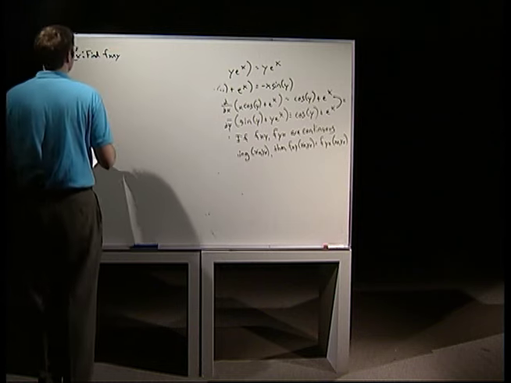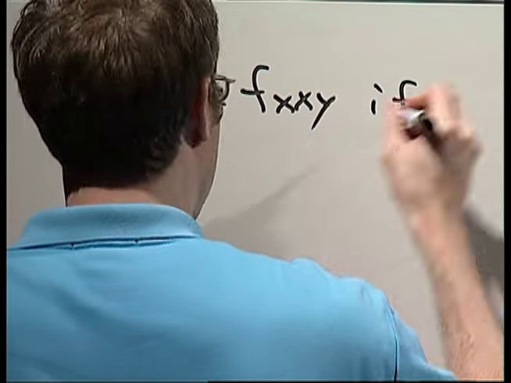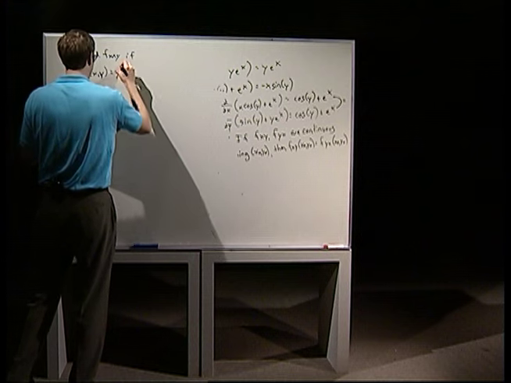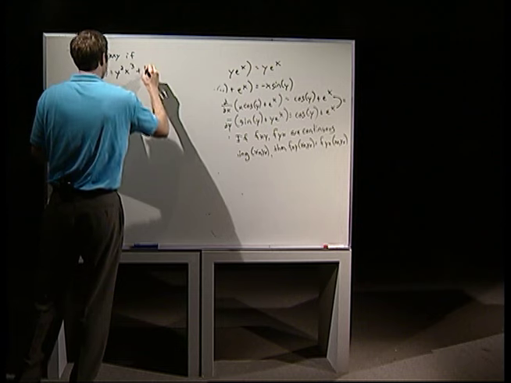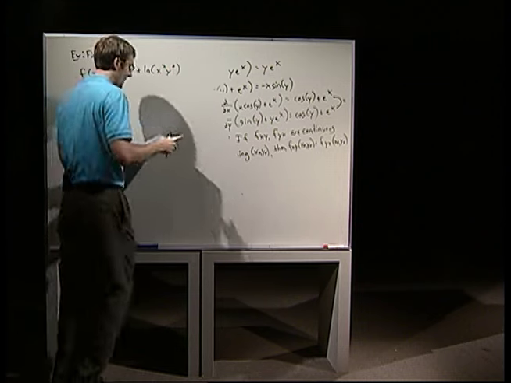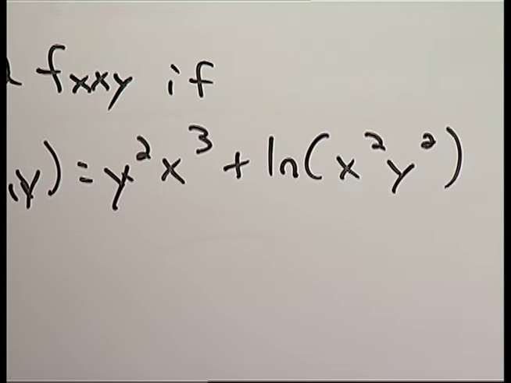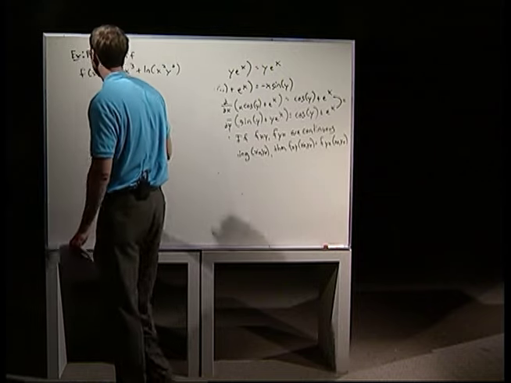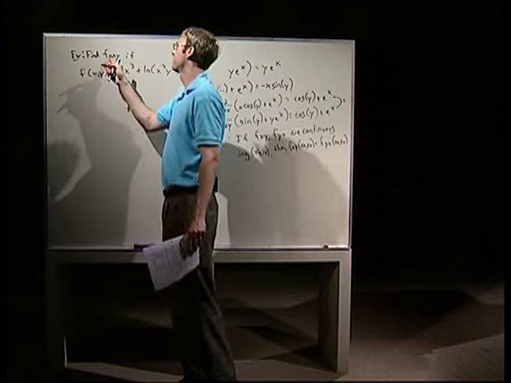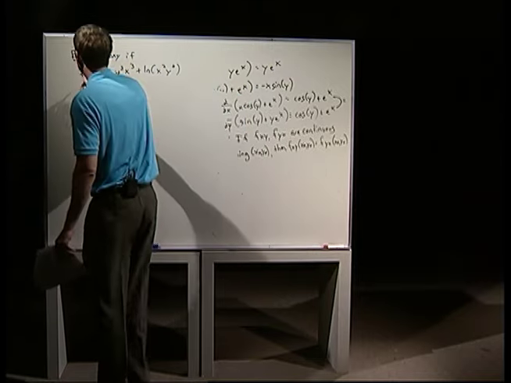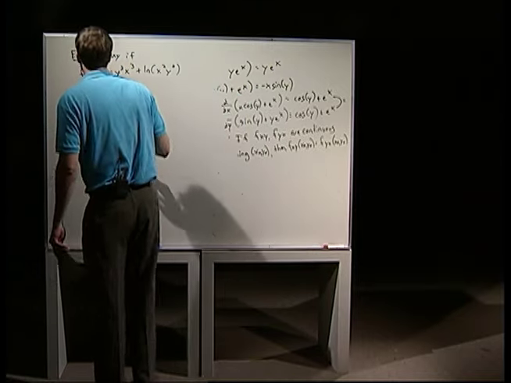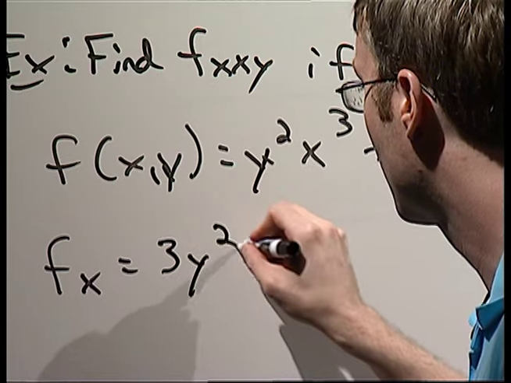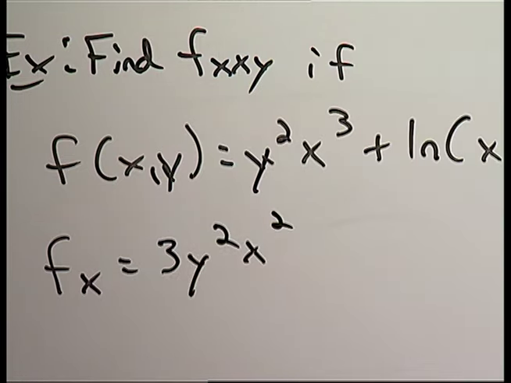How about f sub xxy? The function in question is y squared x cubed plus natural log of x squared y squared. Okay, so we're going x first, then x again, then y. So f x of this thing is 3y squared x squared, since y squared is a constant.